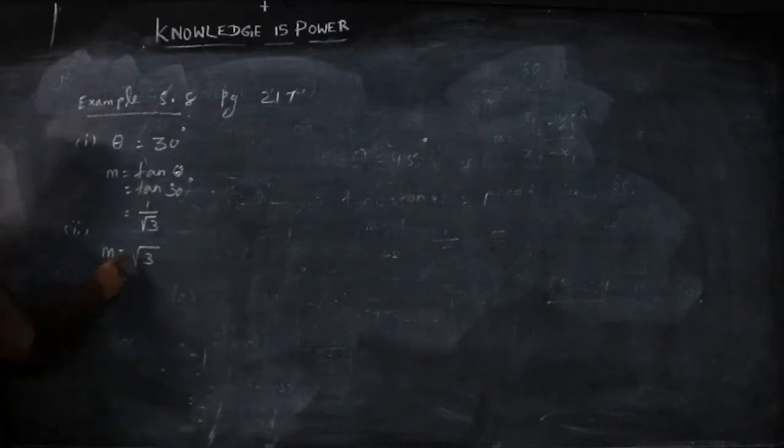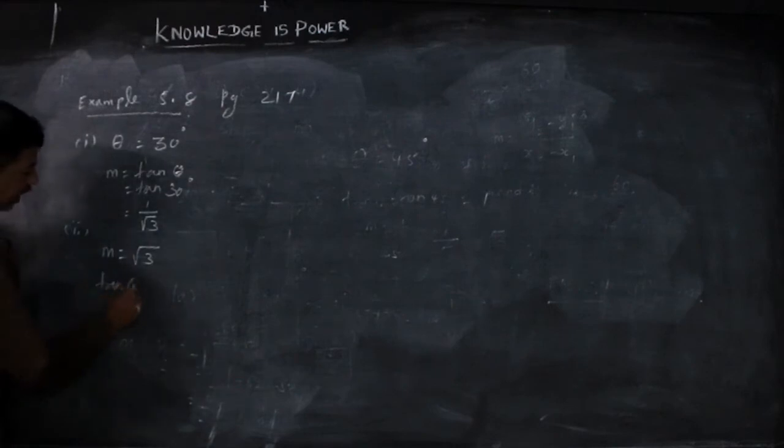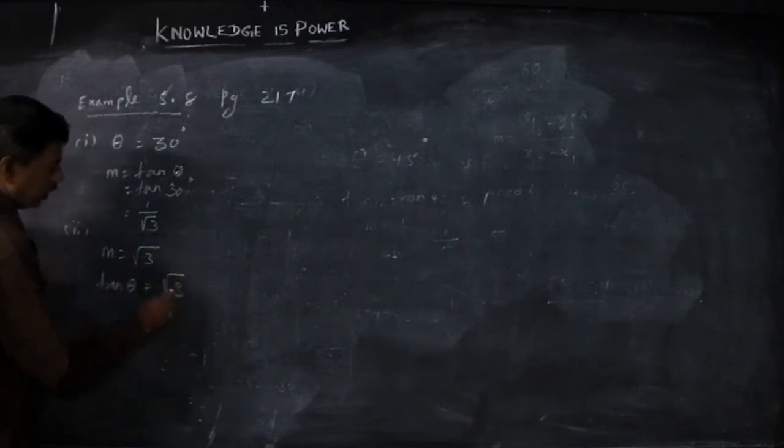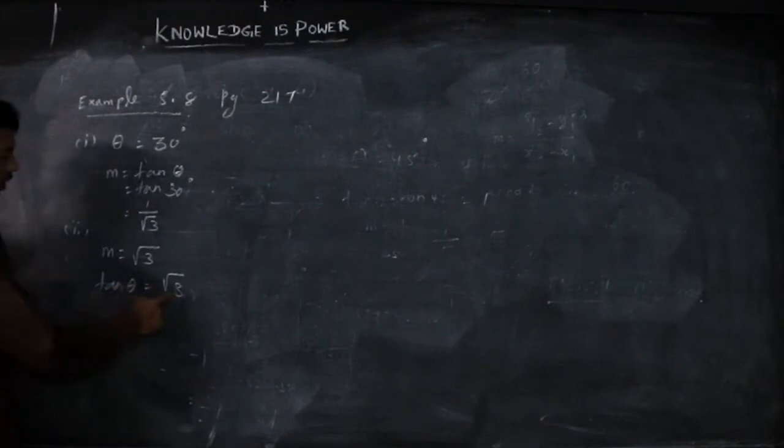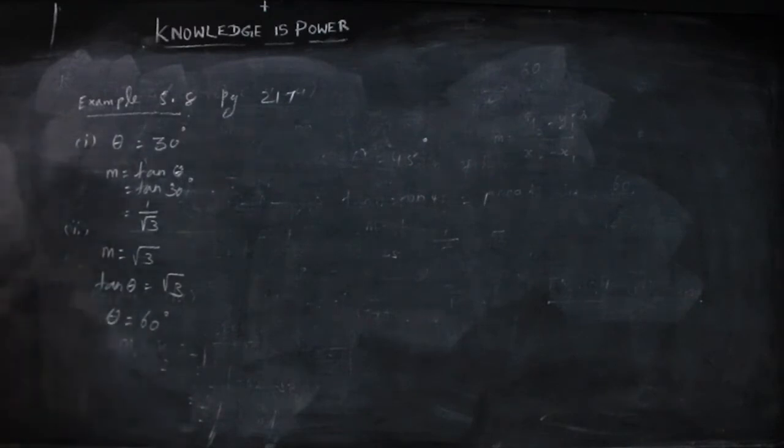That is, m equals root 3, so tan theta equals root 3. For what theta do we get root 3? Theta equals 60 degrees. So this is the way you have to answer example 5.8, page number 217.